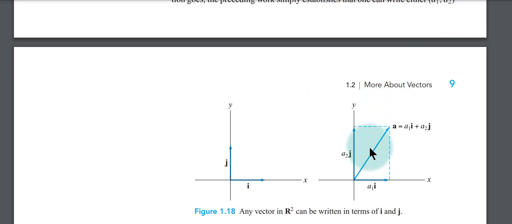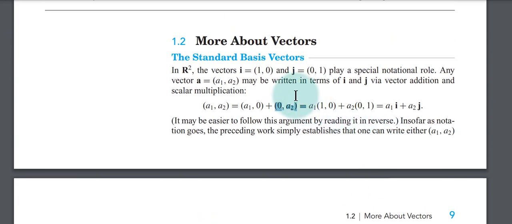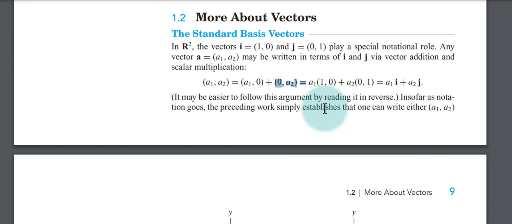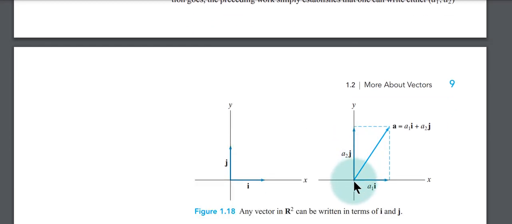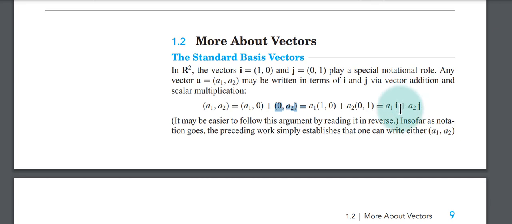And pictorially, or graphically, or geometrically, we can say that if A, remember what did we say? A was A1, A2, then we can write it as the sum of this plus this, and we know how to do sums.